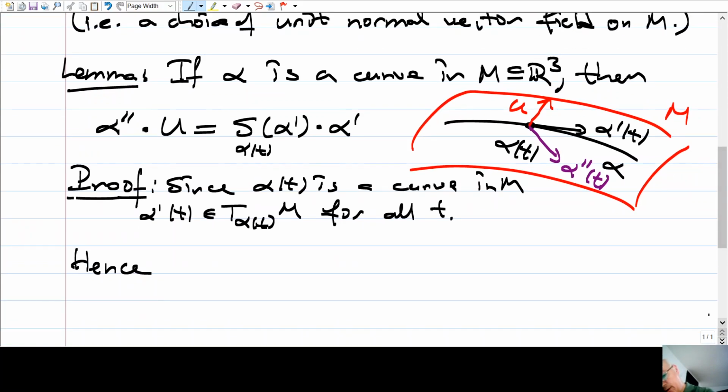Hence alpha prime t dot product with u is always 0 for all t, because this is a normal vector.